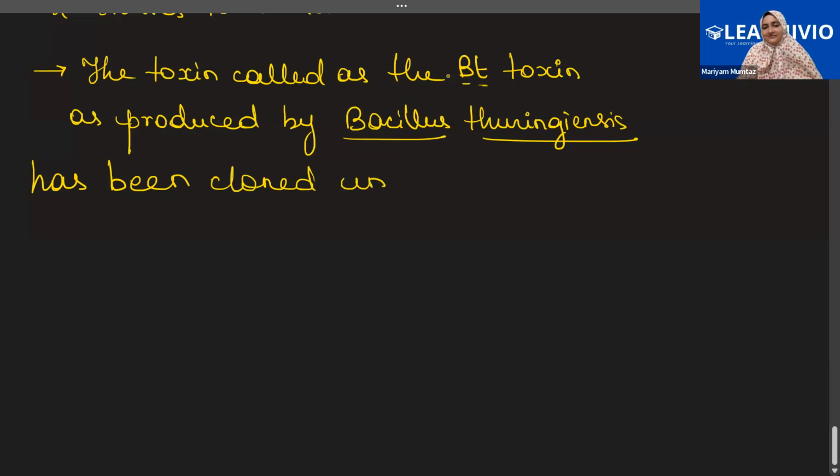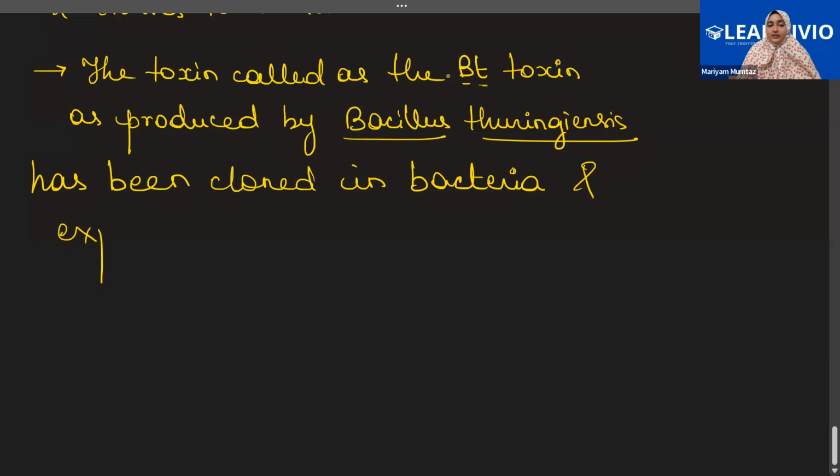Coccus, vibrio, spiral shaped. Yes, good. And there are many other bacteria also, but the name bacillus comes from the shape that it has.